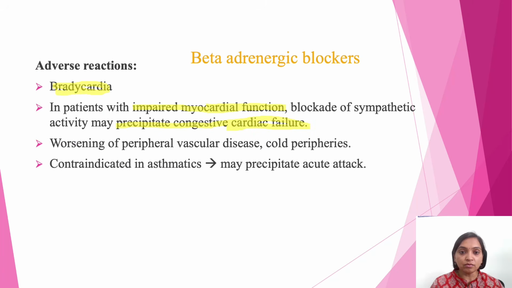Also, warning signs in peripheral vascular disease and cold peripheries, because they cause vasoconstriction, right? So that is why you have to take a precaution. And it is also contraindicated in asthma, as we saw. It will precipitate an attack because it will block the beta 2 adrenergic receptors in the bronchial smooth muscles.